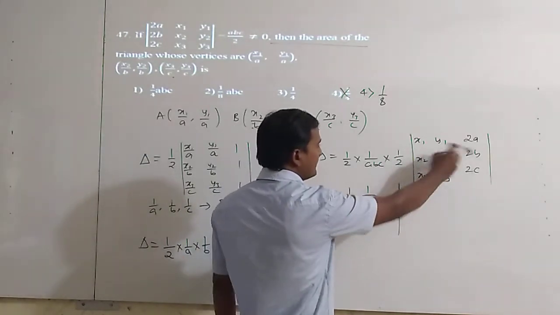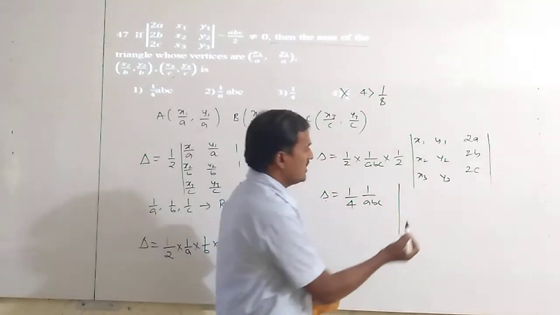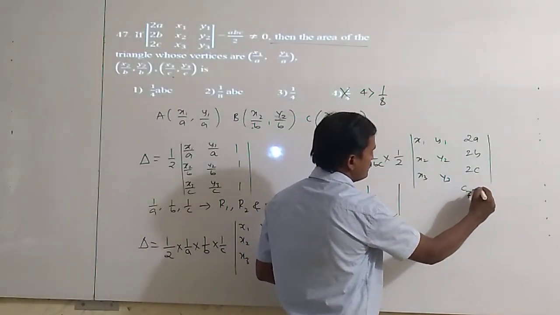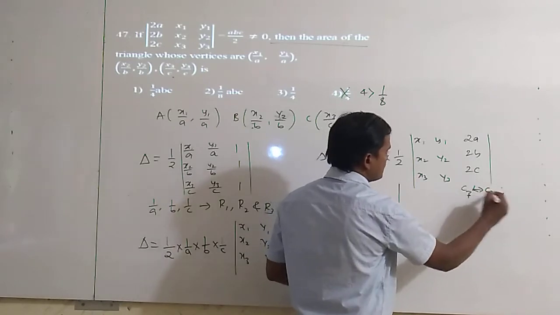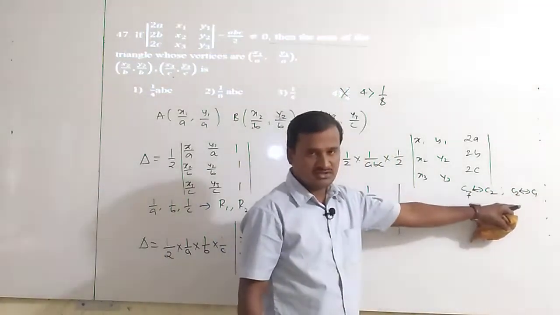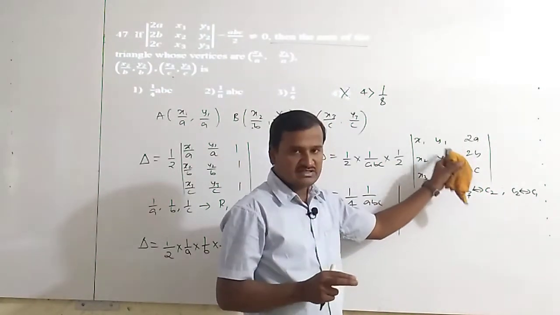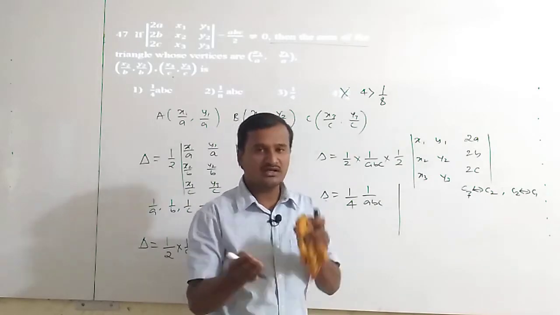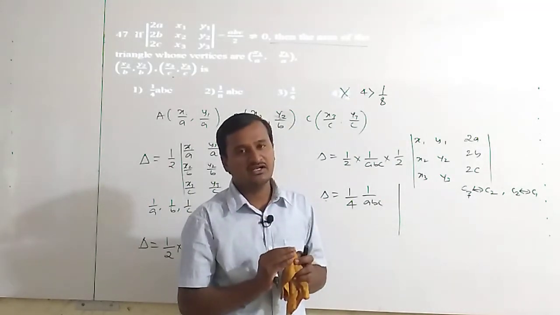Now I will interchange C3 with C2, and again C2 with C1. By applying this operation, the sign of this determinant changes, because in a determinant if any two rows or columns are interchanged, the sign of the determinant changes.